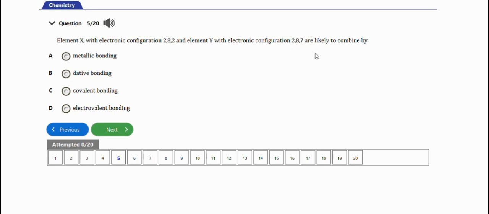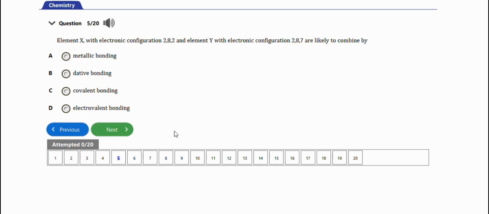They are likely to combine by, since it's magnesium and chlorine, electrovalent bonding or ionic bonding, option D. Electrovalent bonding involves a reaction between a metal and a non-metal.